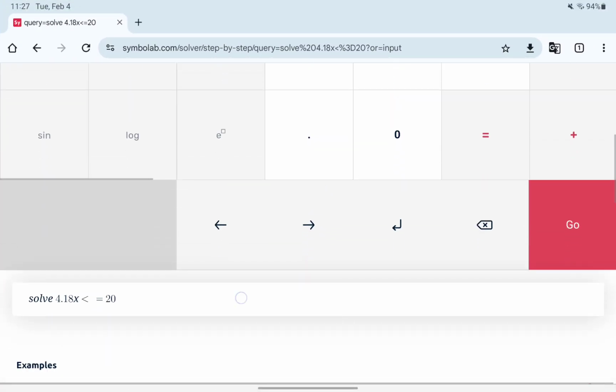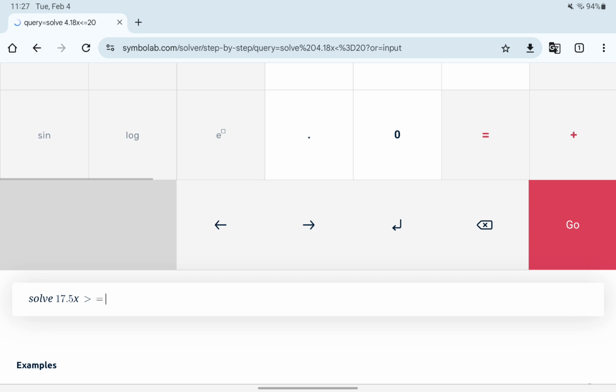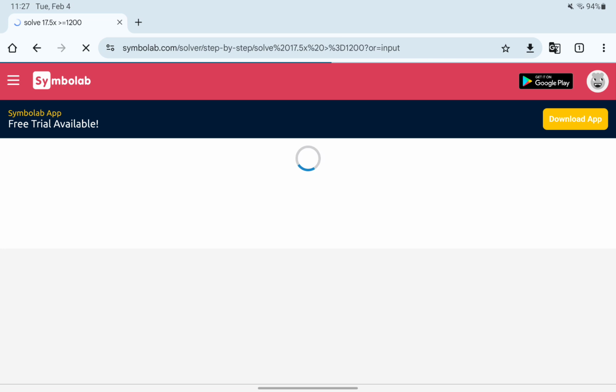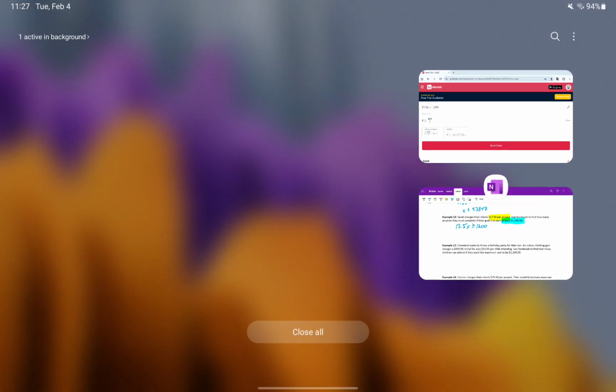We can flip back to Symbolab and ask it to solve this inequality. And we get x has to be greater than or equal to 68.5714.